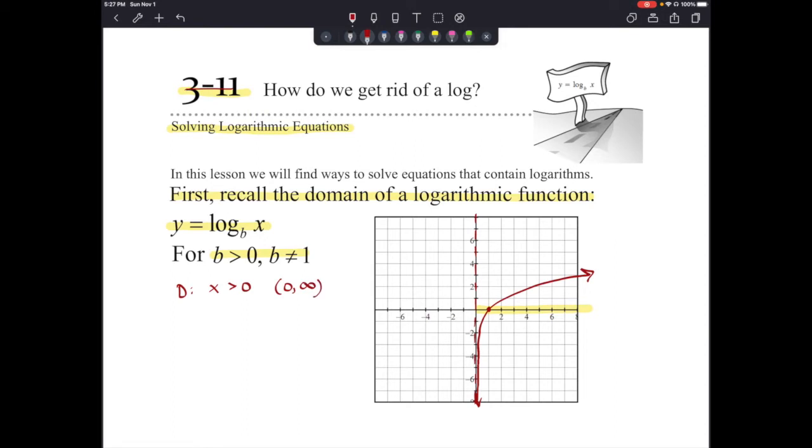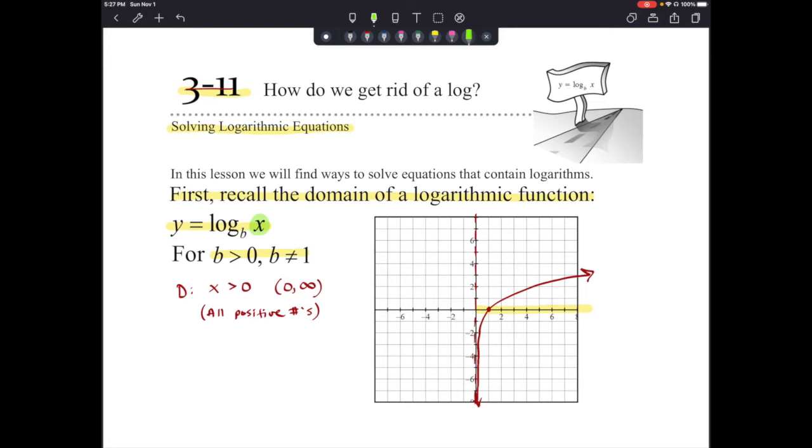Now, when we think about that, if our domain is just positive numbers, everything greater than 0 is just all positive numbers. That means that our value up here for x can only be a positive number. We tend to call that the value in log base b of x.